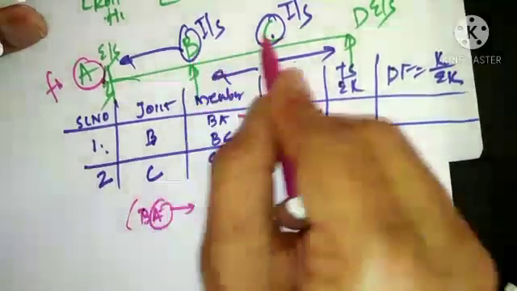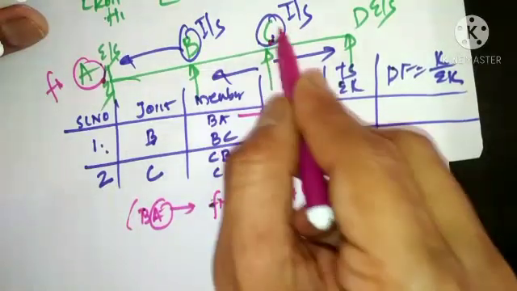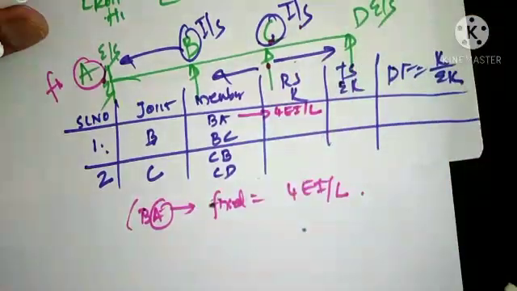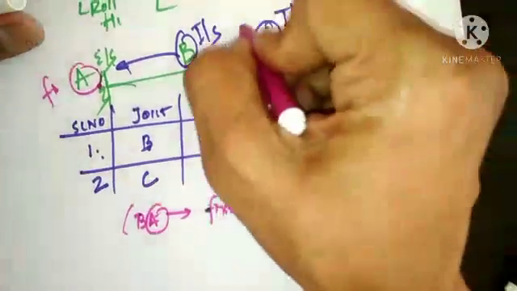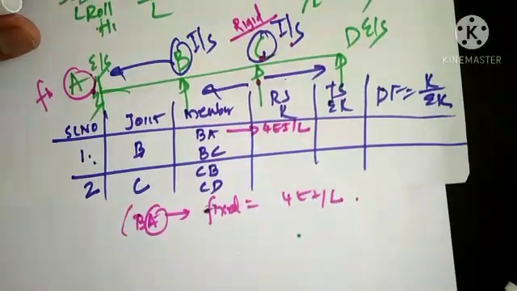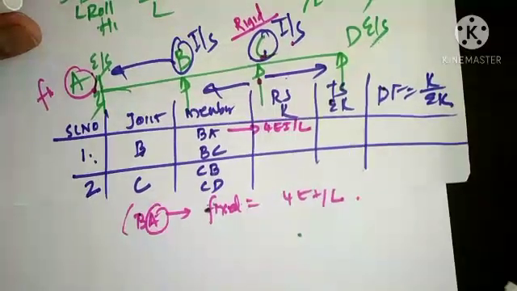Now when you look at B and C, even though C may look simply supported, it is an intermediate support. The assumption here is that all intermediate supports are assumed to be rigid. This is the same condition we considered for the slope deflection method.